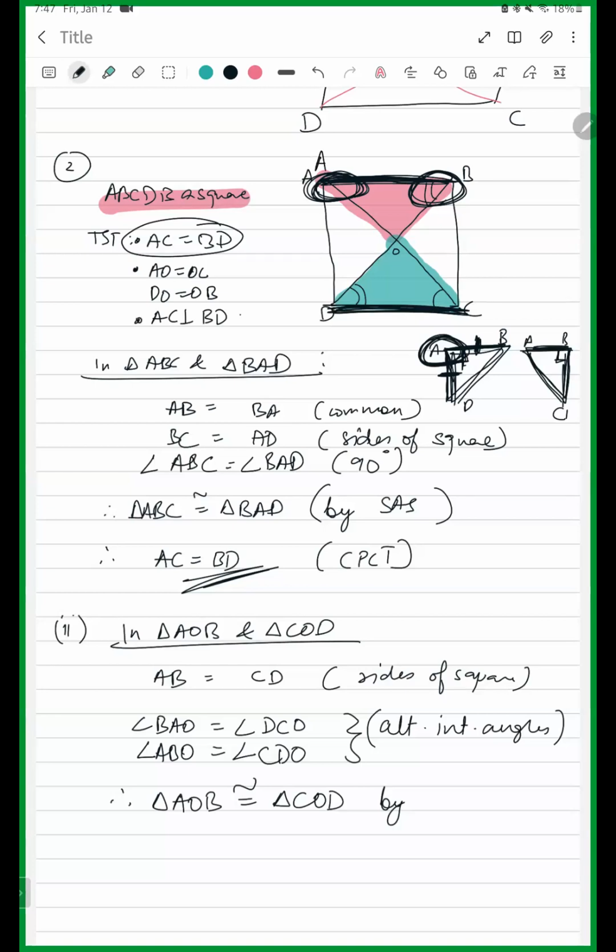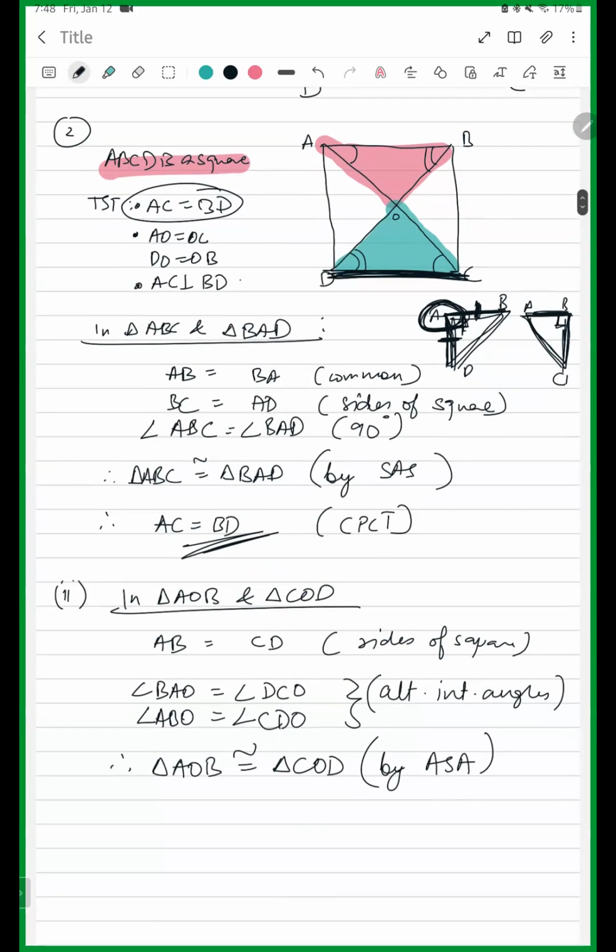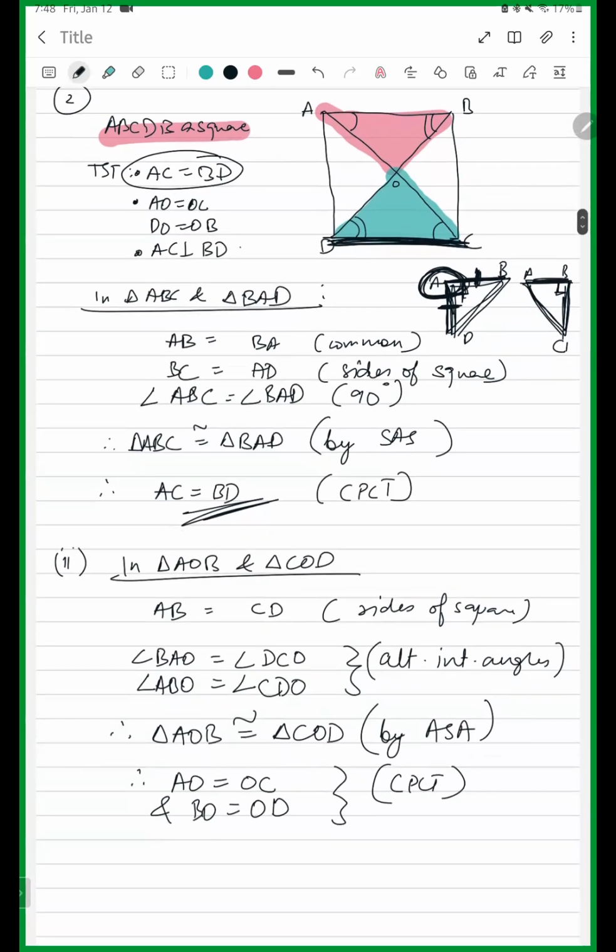So it's ASA. Yes. By ASA, since we have proven these congruent, therefore AO is equal to OC and BO is equal to OD. Both of these by CPCT.